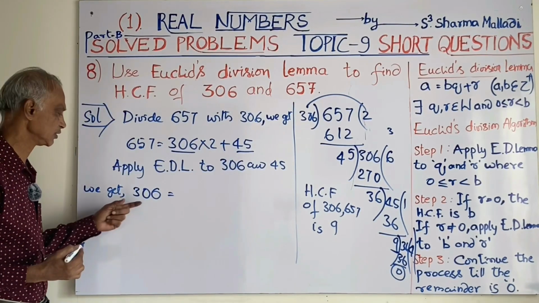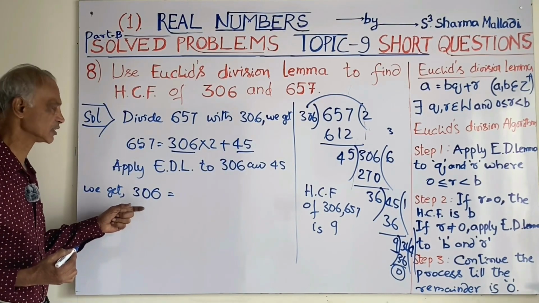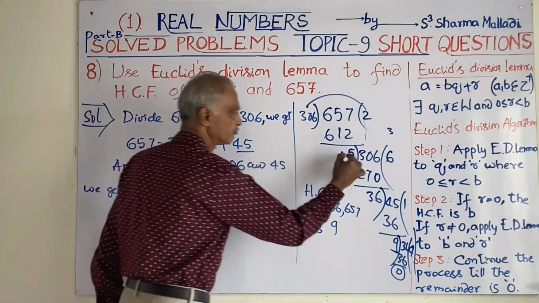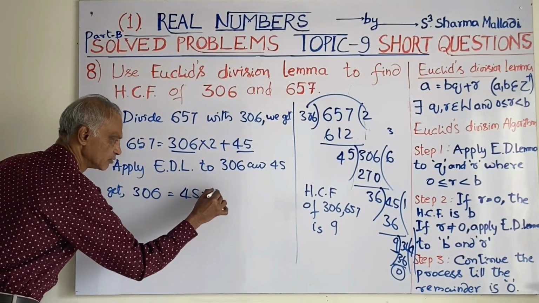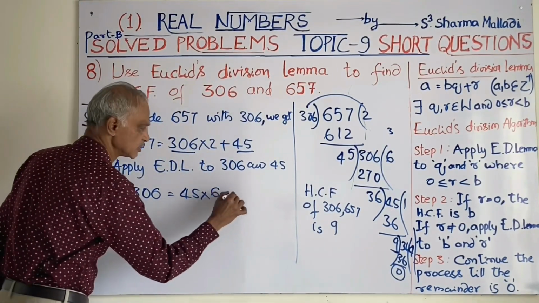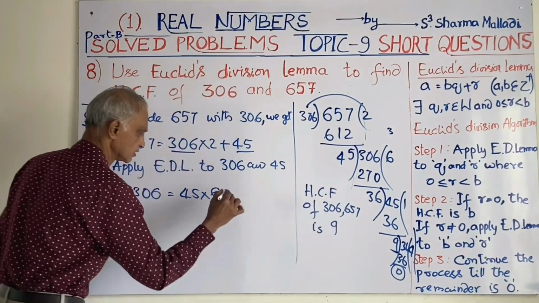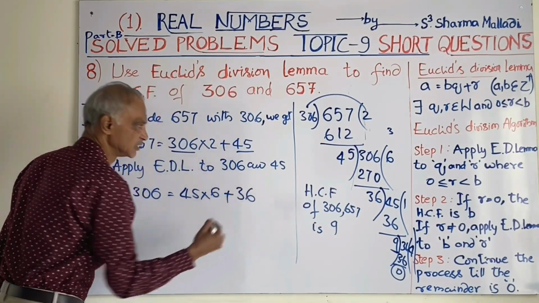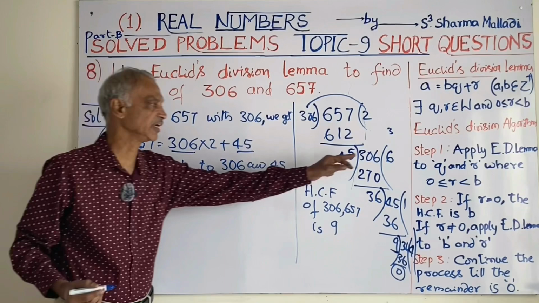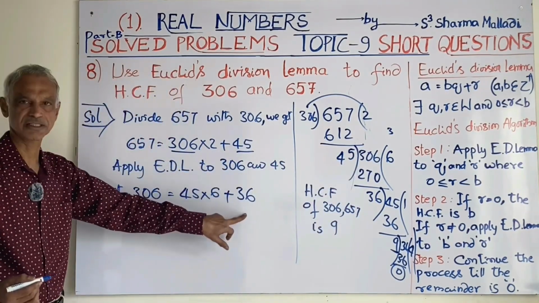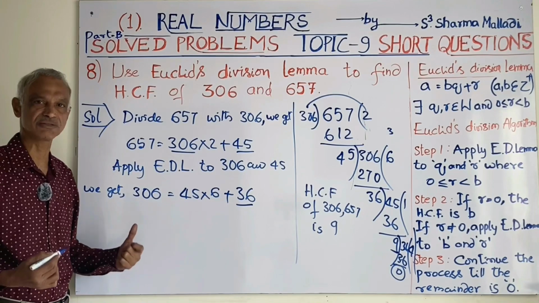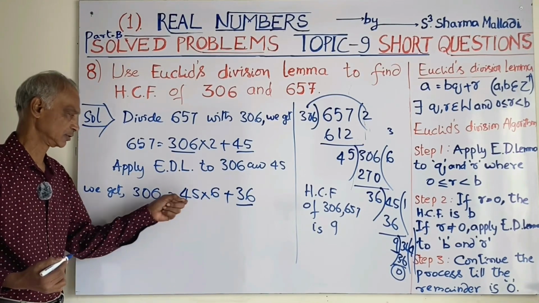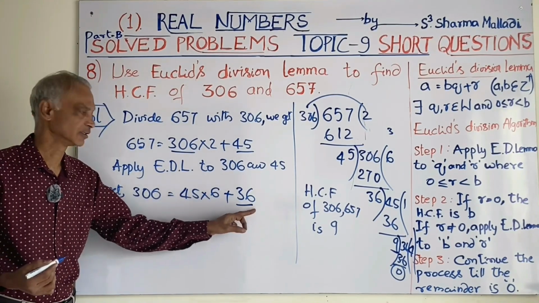We get 306 is equal to 45 into 6 plus 36. 45 is the divisor, 6 is the quotient, and 36 is the remainder. You are not getting remainder 0. Again, you have to apply Euclid's division lemma to the divisor and remainder.